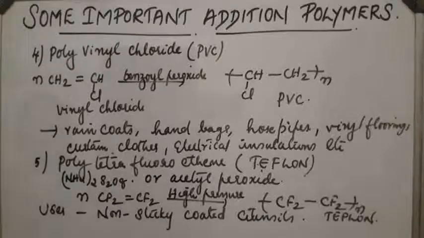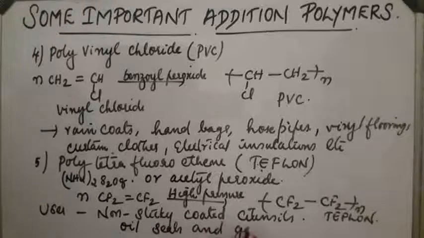Above 300 degrees Celsius, it decomposes. So it is used for making non-sticky coated utensils and for making oil seals and gaskets. These are the important uses of Teflon.